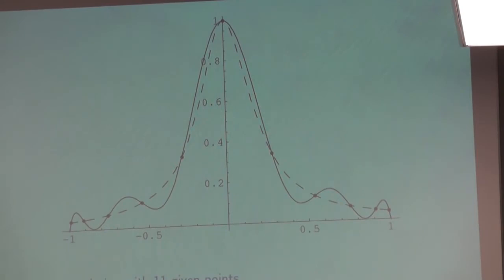And I could give you this tool, or you program it by yourself, and then you can play around. And there are infinitely many possibilities to position 11 points on an interval -1, 1. So you can play around infinitely long until you find this optimal solution.